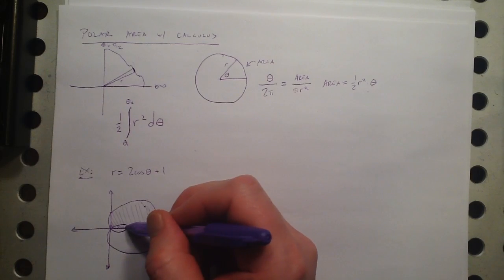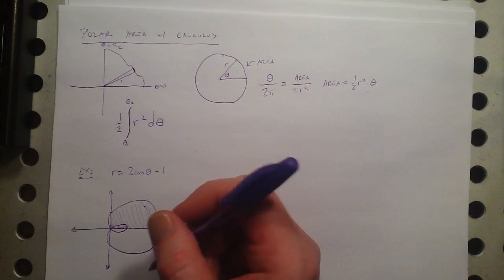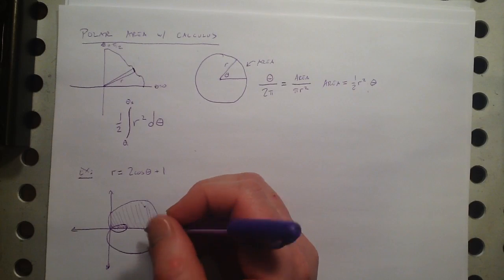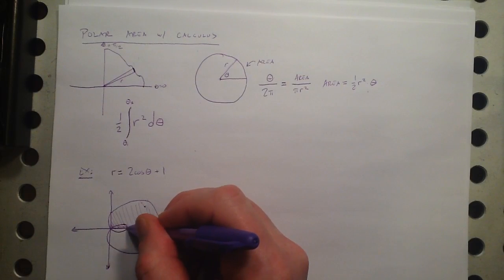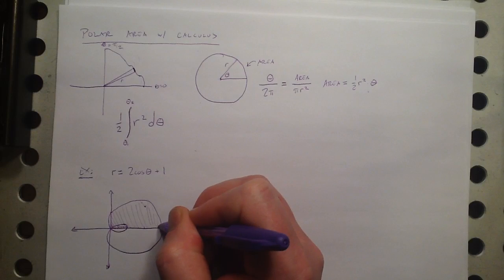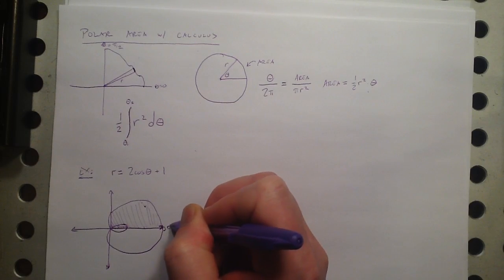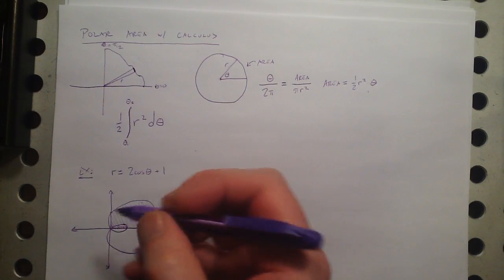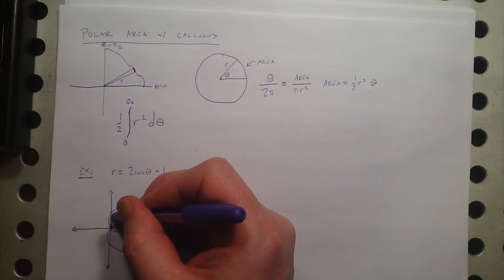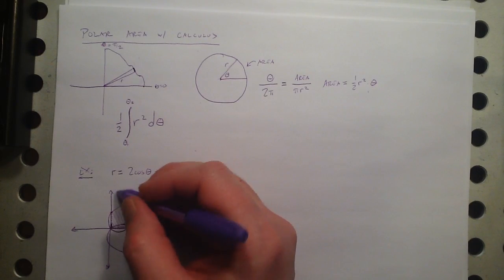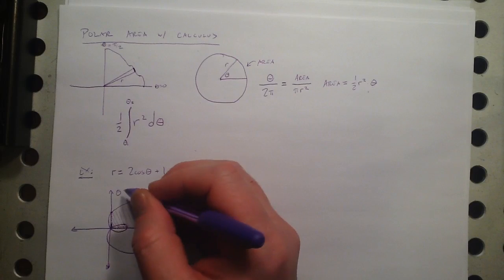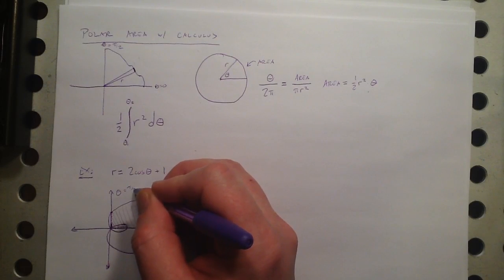Notice that I shaded right through that. So we've got to figure out where we're looking there. That's looking from theta equals 0 to what we get when we look straight up here. That's at theta equal to pi over 2.